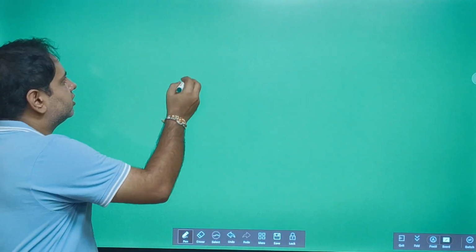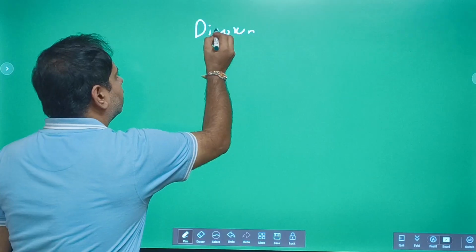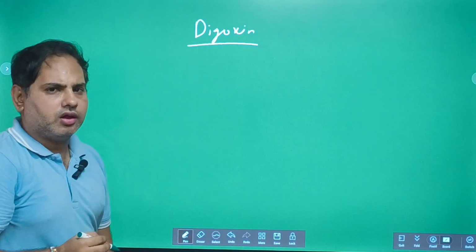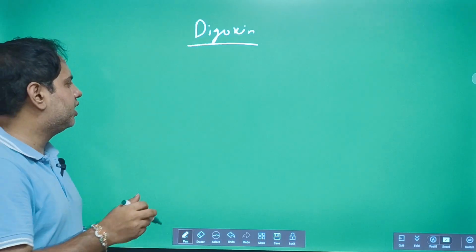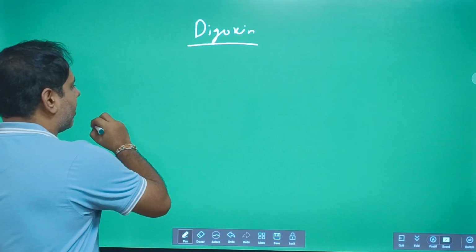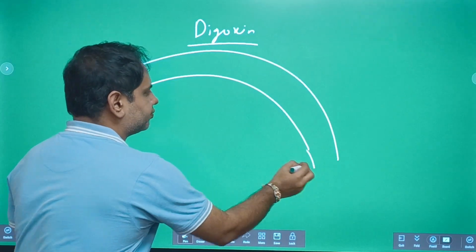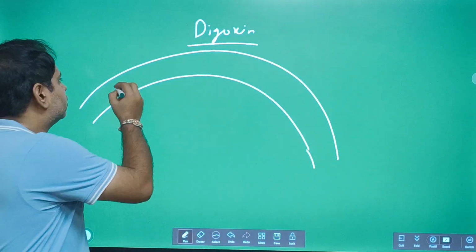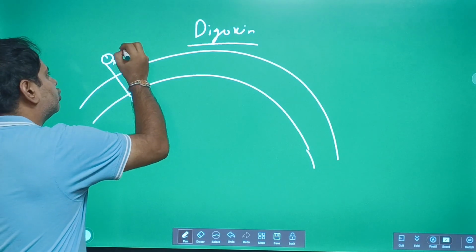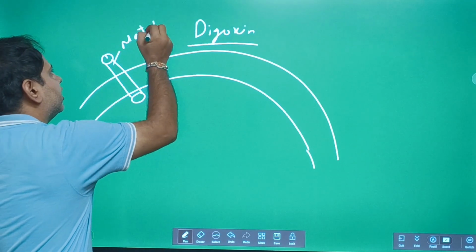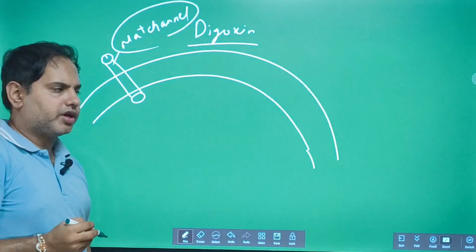So first one is digoxin. To understand the mechanism of action of digoxin, first again we have to recap how the ion movement happens in the cardiac cells. For example, this is your cardiac cell, right? This is your cell membrane and there are ion channels. This is your sodium channel, which helps in the movement of sodium ions.